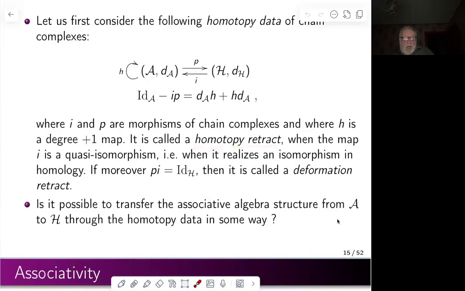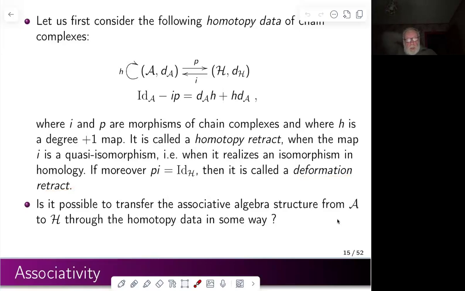When the map I is a quasi-isomorphism, it means that we have isomorphisms of these complexes in cohomologies. Moreover, if we have triviality of this, then we have anti-commutation relations between homotopy and differential in this endomorphism. And then this diagram gives you a so-called deformation retract.